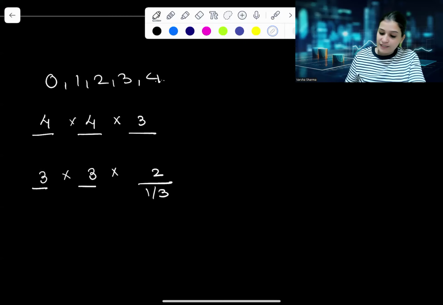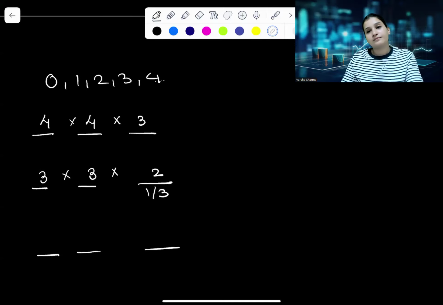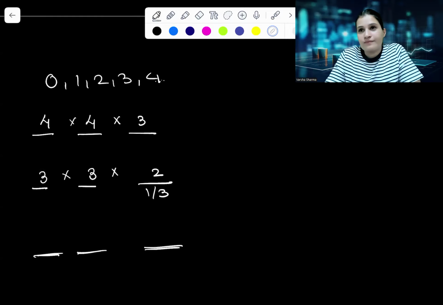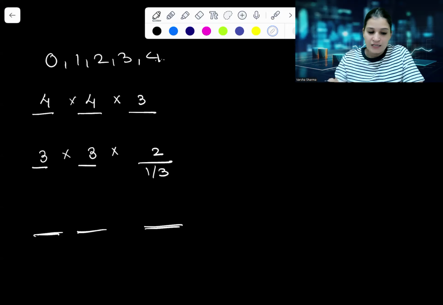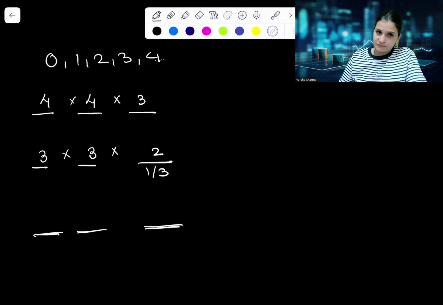If I want an even 3-digit number, the last place can be filled by 3 ways, 0 to 4.